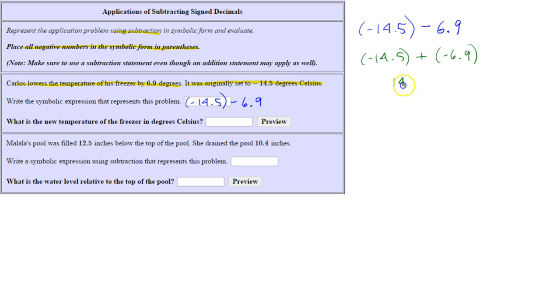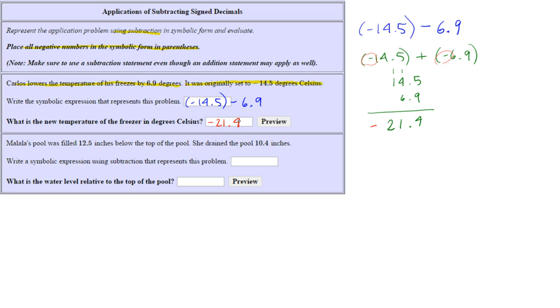So we add their absolute values. 5 plus 9 is 14. 6 plus 4 plus 1 is 11. Carry another 1. And we have 21.4 degrees. Then we remembered we added two numbers that had the same sign, so we keep the sign of those numbers, and we have negative 21.4 degrees.